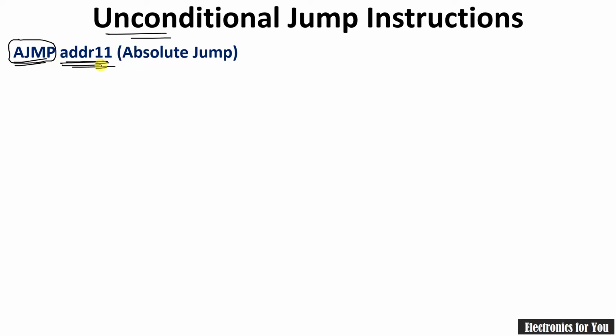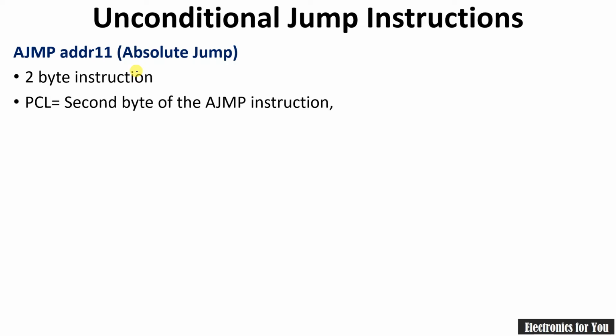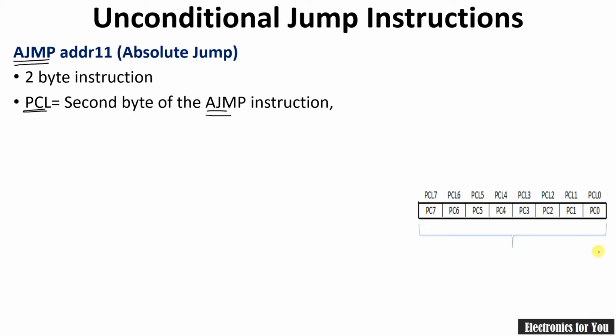Now note that our LJMP instruction was a 3-byte instruction, because the last 2 bytes included the 2 separate address bytes, but the AJMP instruction is only 2 bytes. Here the procedure is different. It is a very important instruction because it is somewhat different, and it is a specialty of the 8051 microcontroller. Note that PCL, the program counter's lower byte, which is the second byte of the AJMP instruction, will be like this.